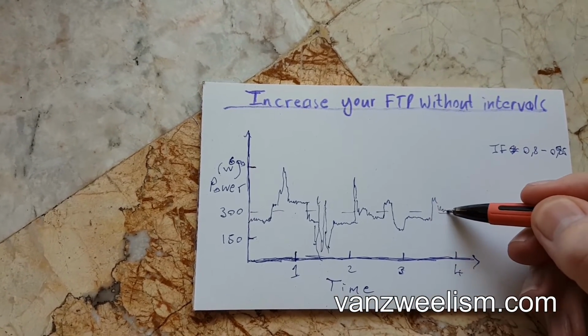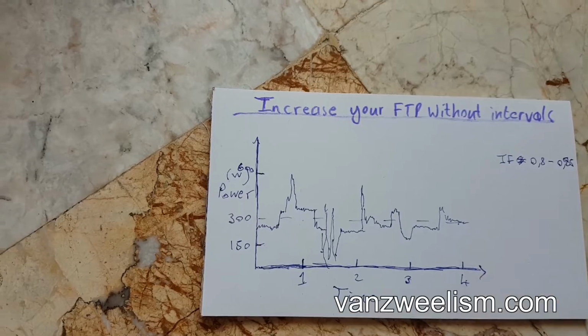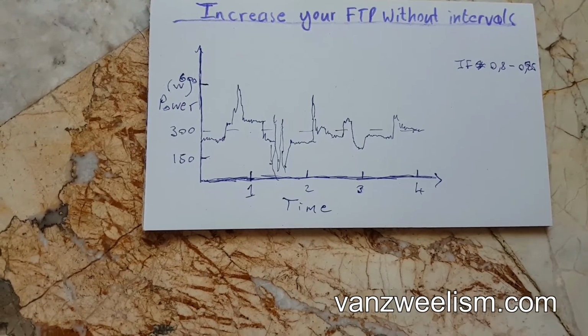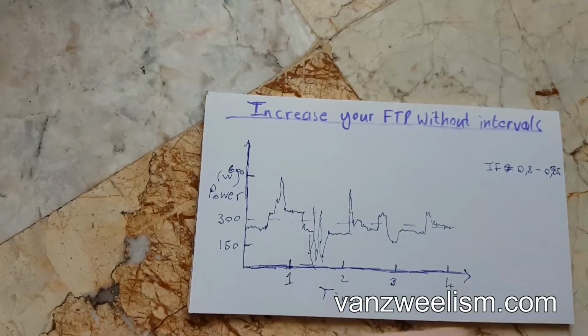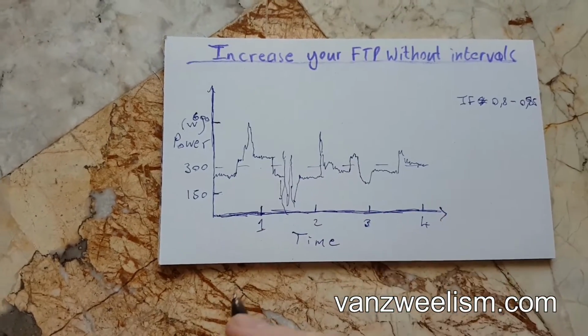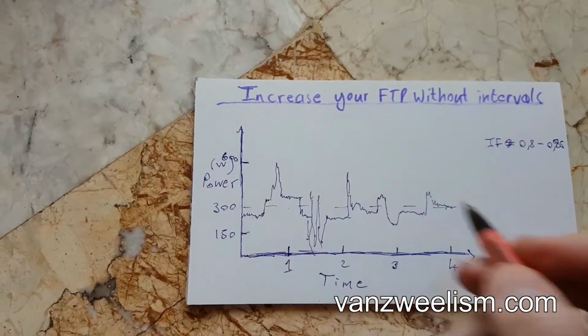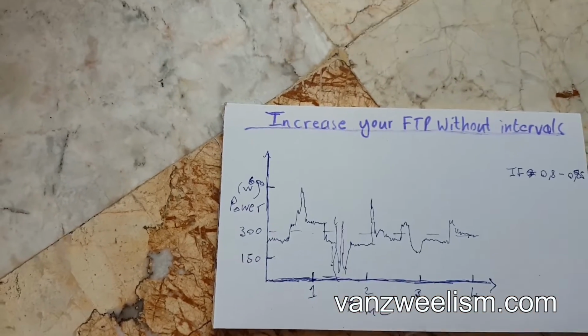And then he just time trials the end and gets a solo victory. So this is more or less the type of power curve you can see in a race. It's just all over the place, lots of time spent at threshold, just below threshold and over threshold.